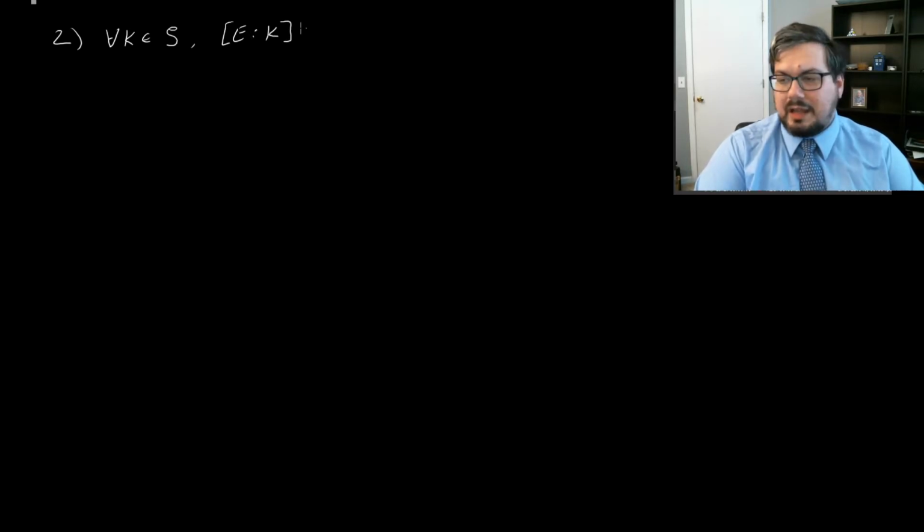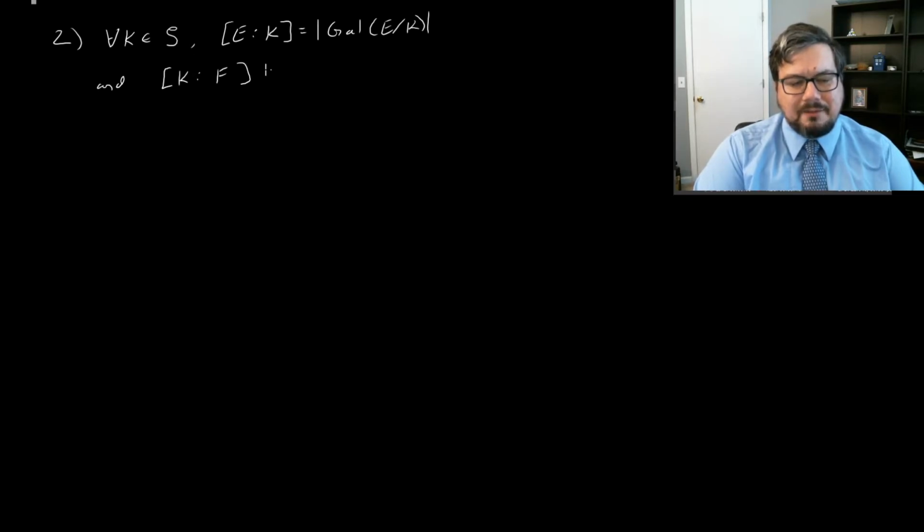We're trying to prove that for any K belonging to this set S, the order of the extension E over K is equal to the order of the Galois group of E over K, and the order of the extension of K over F is equal to the order of the Galois group of E over F divided by the order of the Galois group of E over K.